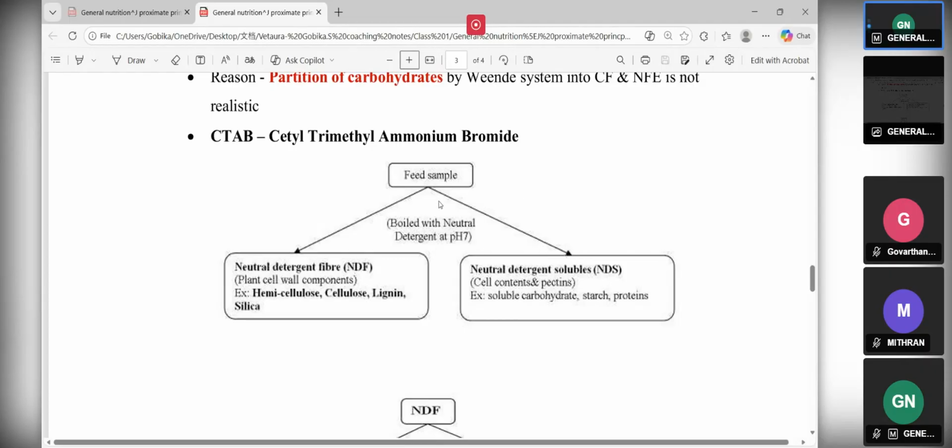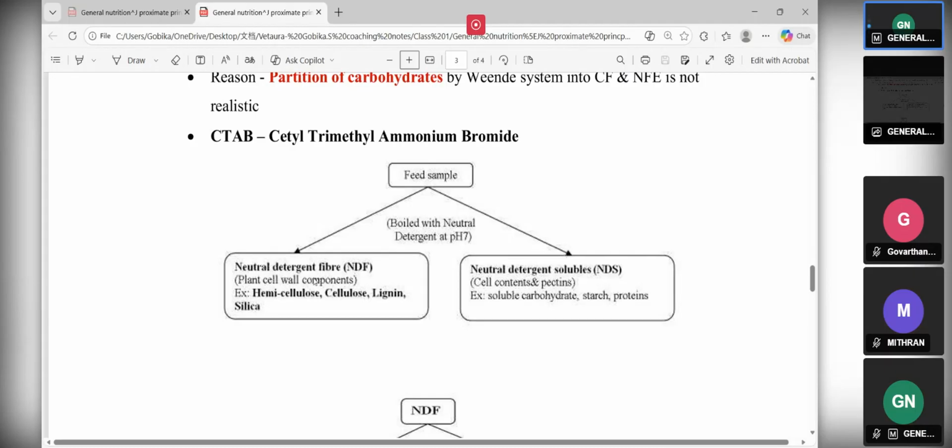If the feed sample is boiled with a neutral detergent, we get the components which are soluble in neutral detergent and those which are not. From that we can conclude that the feed sample contains this much insoluble component, that is neutral detergent fiber, because the name itself indicates that fiber will be the insoluble part of the feed.